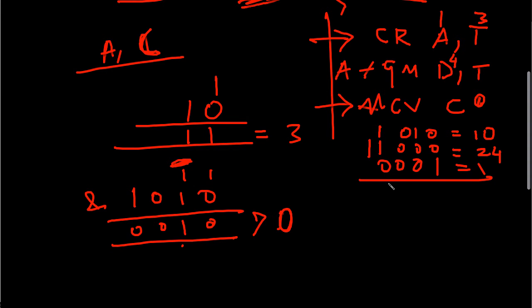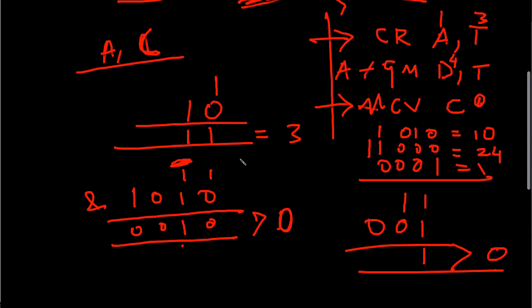Now let's look at My Cousin Vinny, which was a comedy movie, and do the same operation on it. When I do an AND, I get back something that is greater than 0.